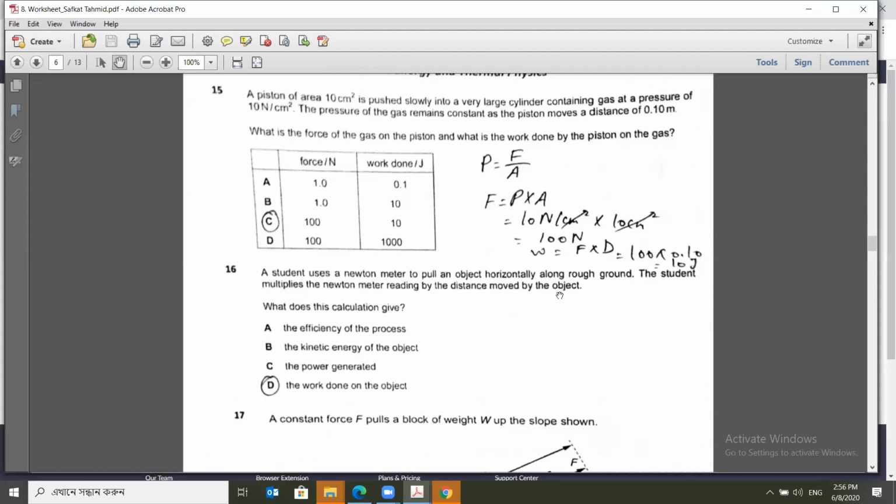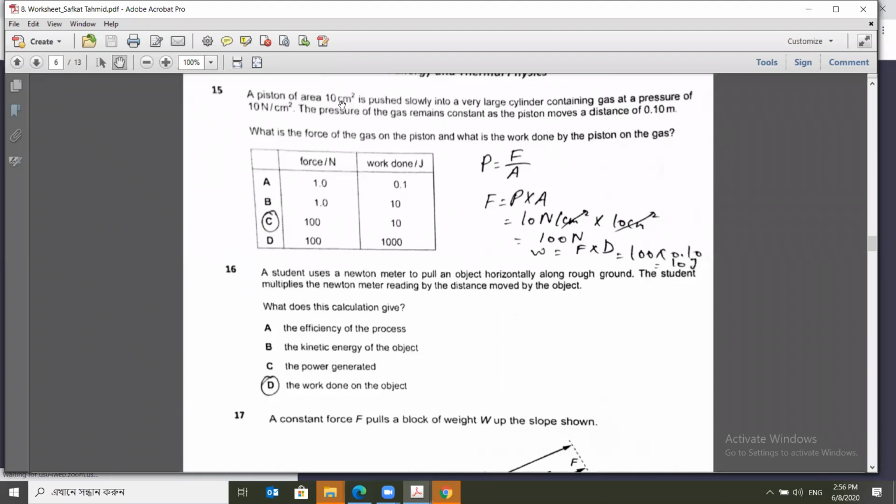Now I am adding something more with you. When one student understands how or why we use this formula, if they identify this from the question, like when you are reading a numerical question, you should mark what is given here. In class also, I told you this. A piston of area 10 centimeters, so you are getting A, right?